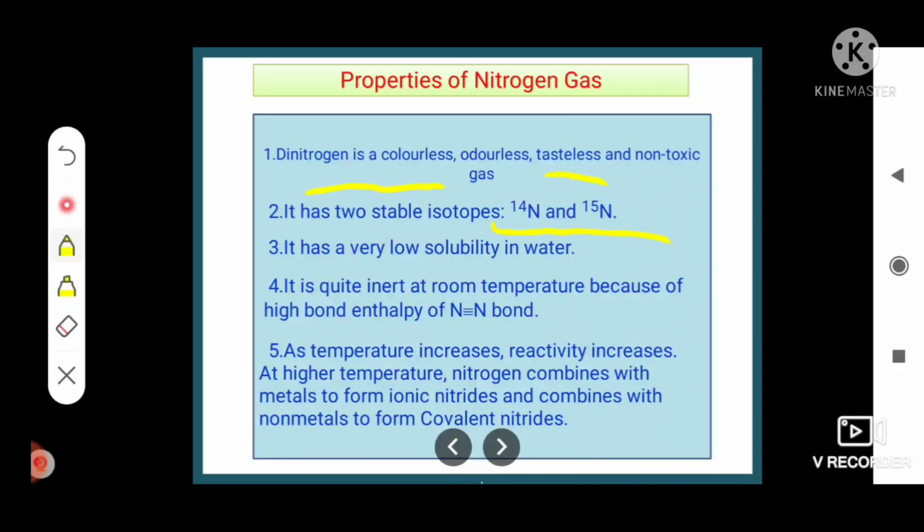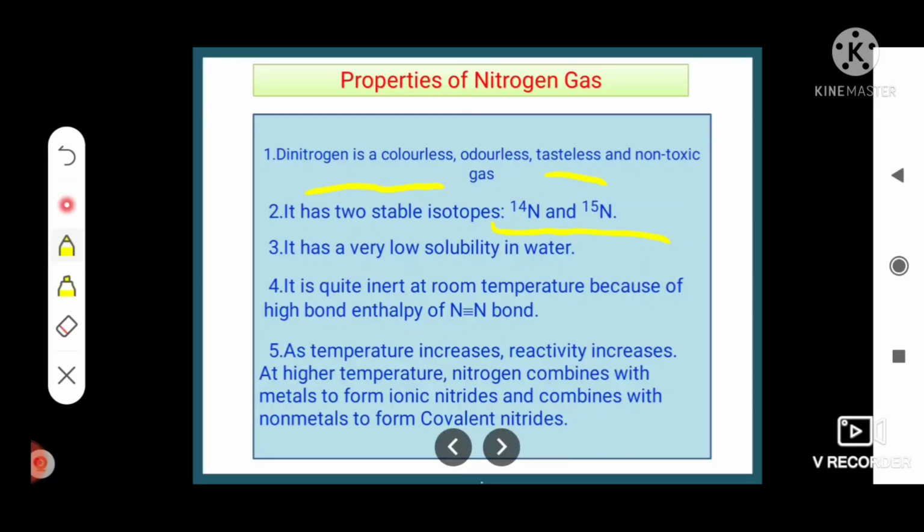It has low solubility in water. It is quite inert at room temperature because of the high bond enthalpy of the N triple bond N.